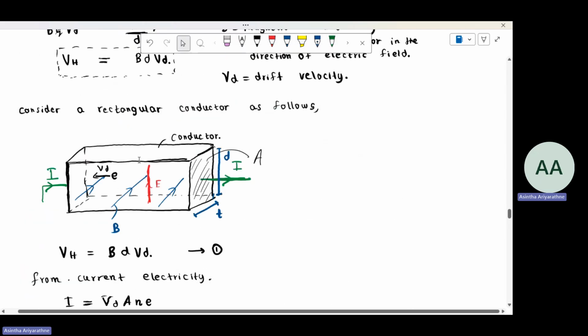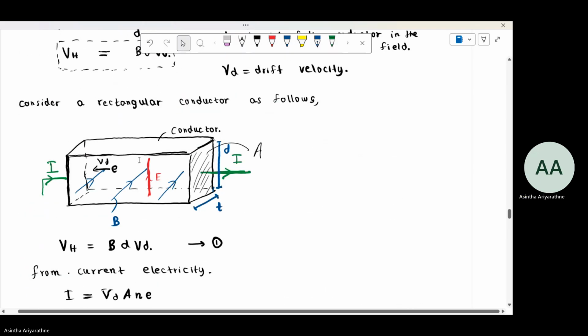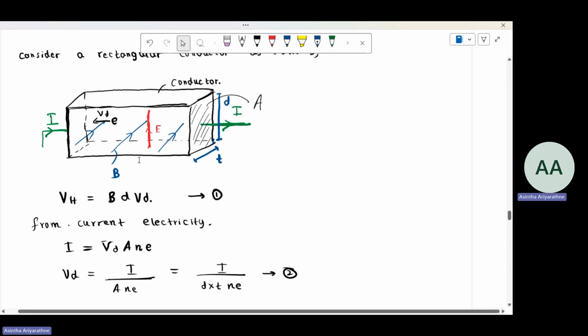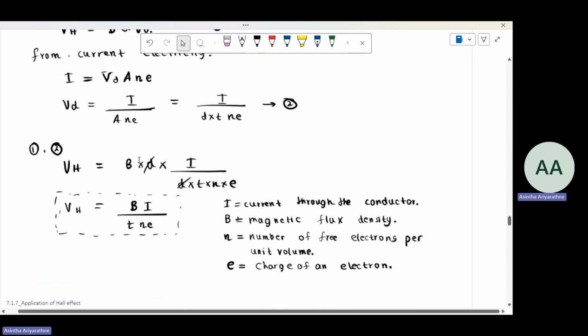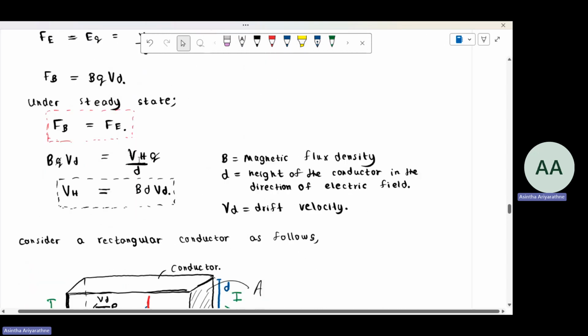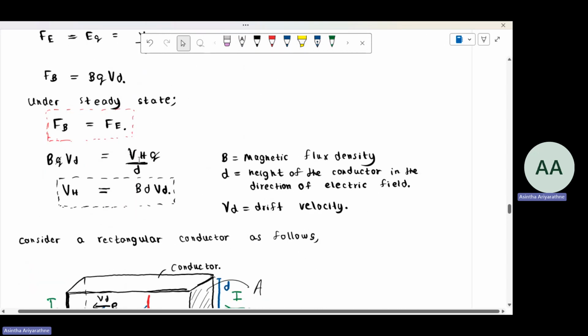So what is t? t is the height in the direction of the magnetic field. Initially, d was the height of the conductor in the direction of the electric field.